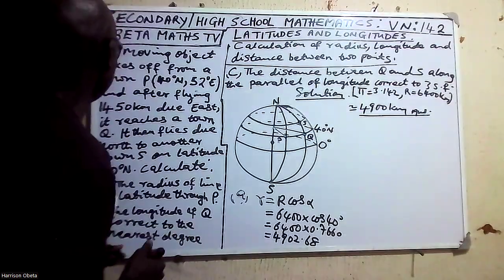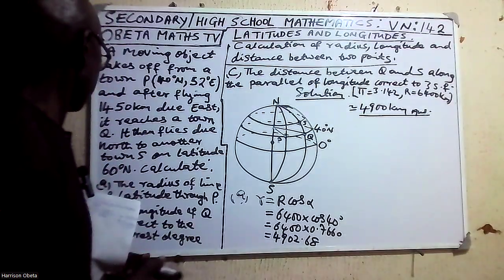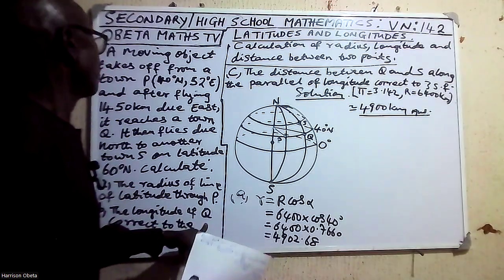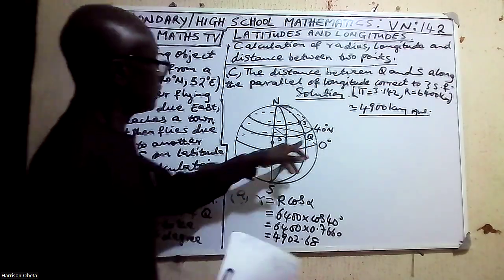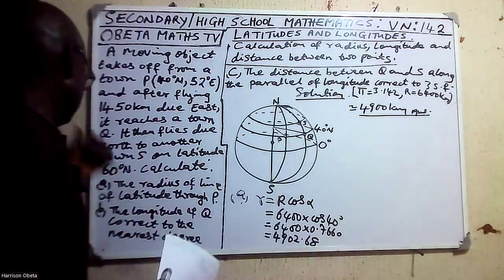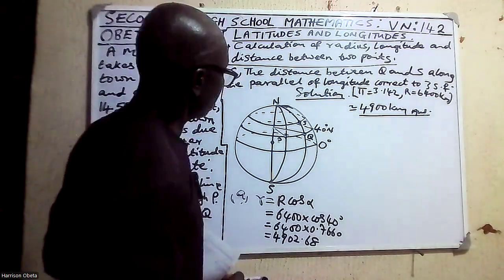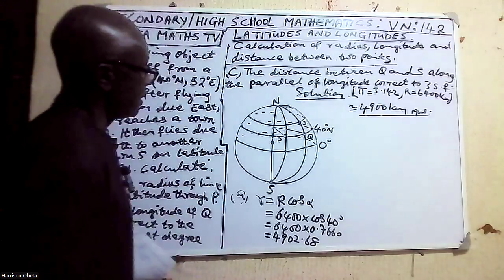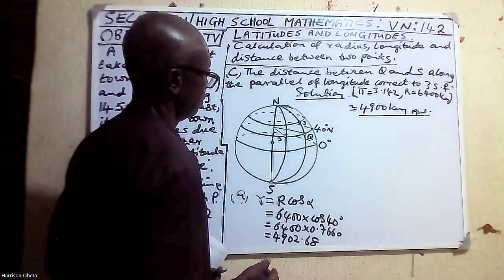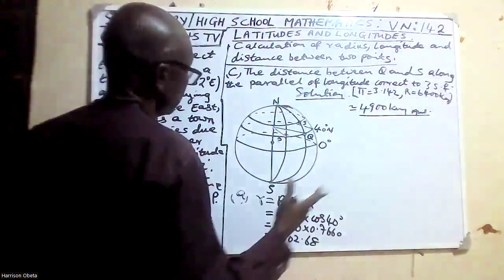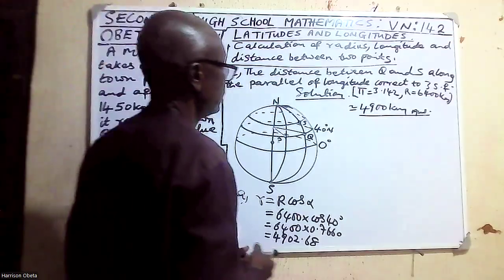Now, question B, we have to calculate the longitude of Q, to the nearest degree. Before we do that, we have to calculate theta and then add it, because as we are going east the longitude is increasing, and coming back it is decreasing.